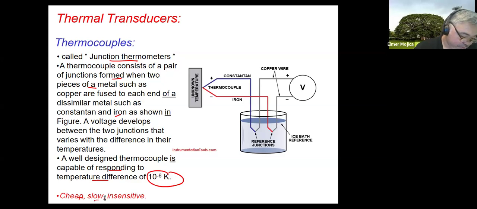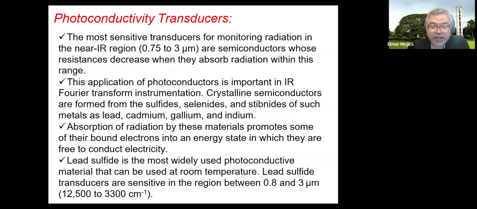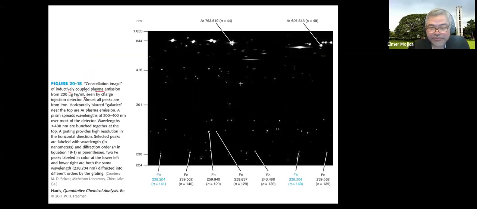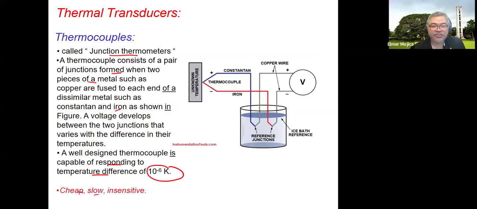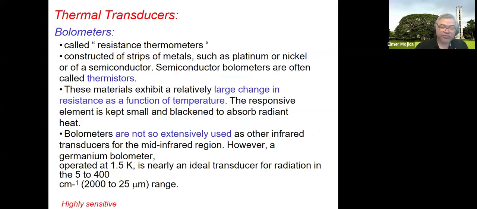So you use it for IR. Now, the next one that you have is a bolometer. So if the first one is a junction thermometer, bolometers are what we call resistance thermometers.